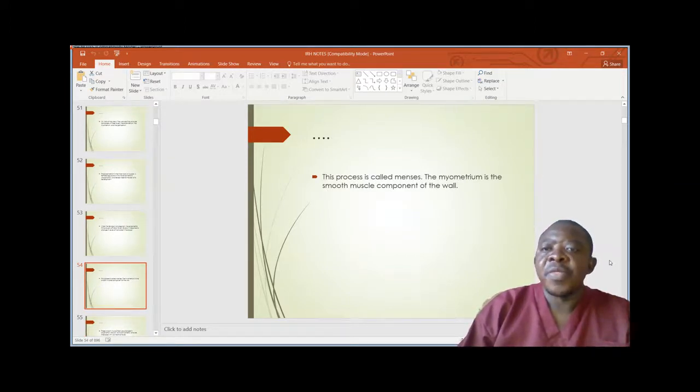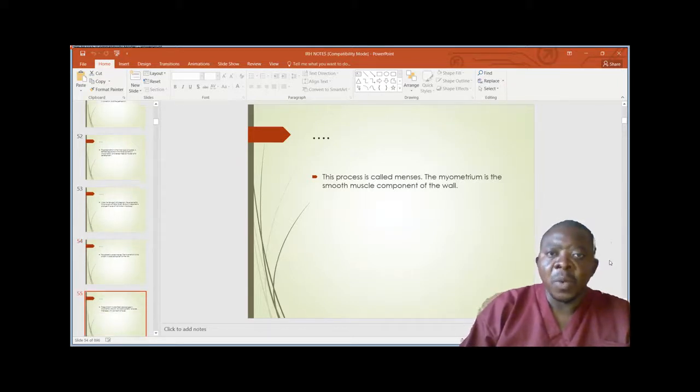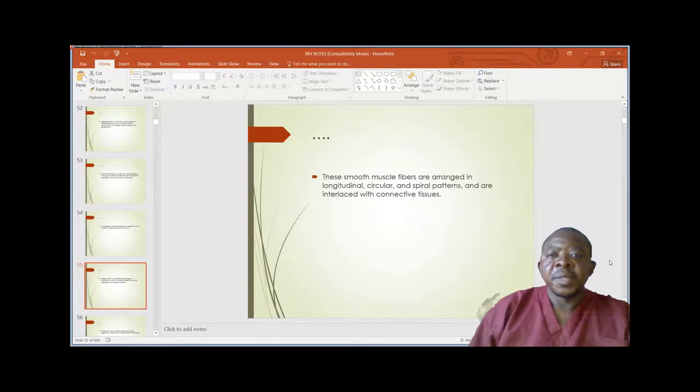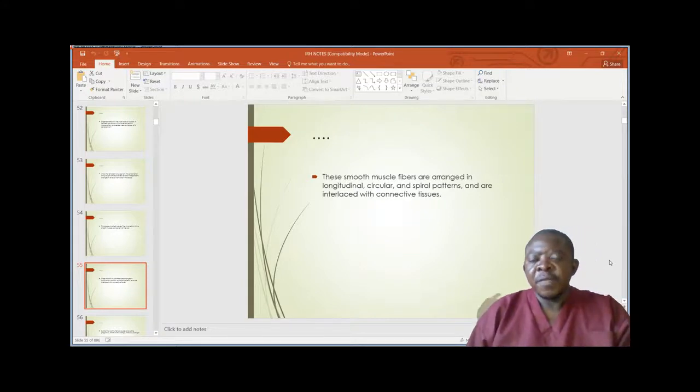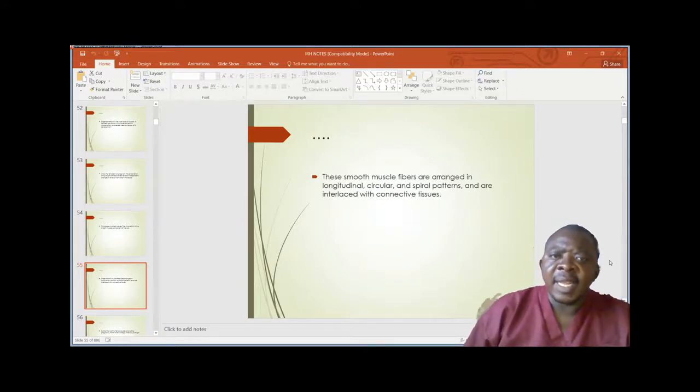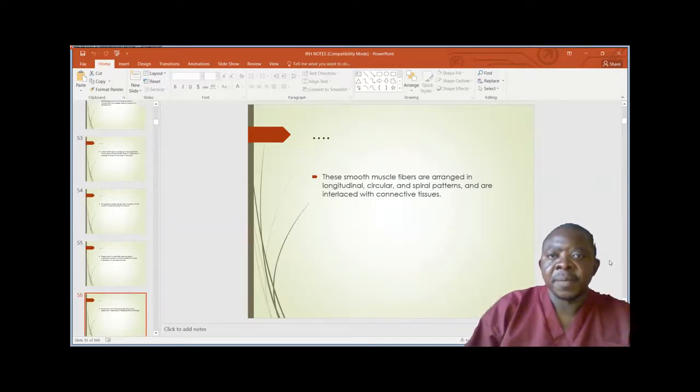The myometrium is the smooth muscle component of the wall of the uterus. These smooth muscle fibers are arranged in longitudinal, circular, and spiral patterns and are interlaced with connective tissues.